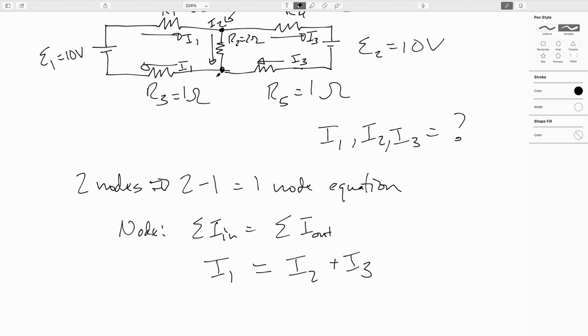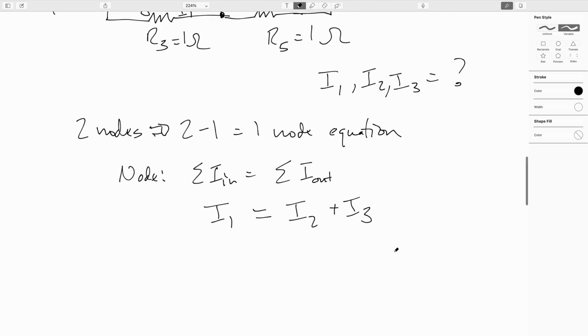We could have chosen this node just as easily, and all that would have happened is you would have had I2 plus I3, the currents going in, equals I1, the currents going out. So if I wrote both node equations, I would have the same equation twice, and if I tried substituting in, everything cancels out, and that's generally not a happy thing.